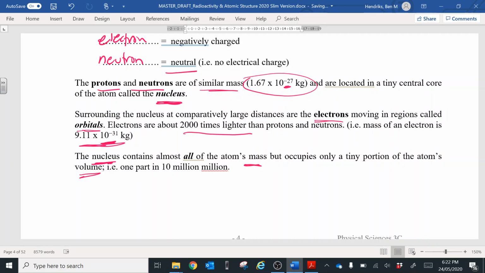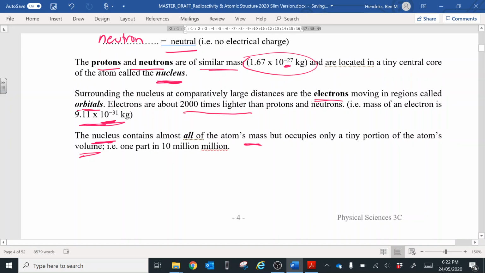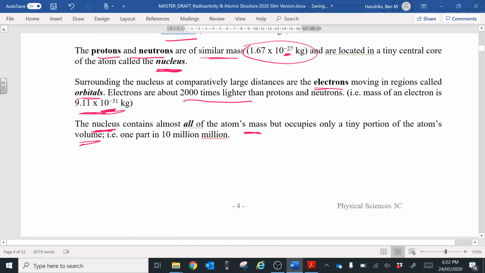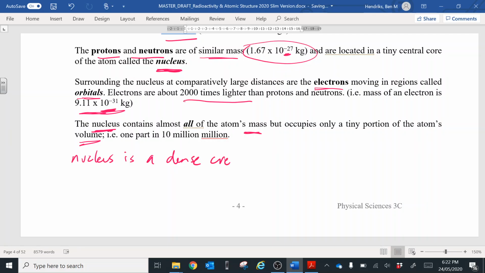Okay, so a way you can think about this model is a nucleus is a dense center, similar to the solar system. So we have the sun, similar to the sun at the center of our solar system.